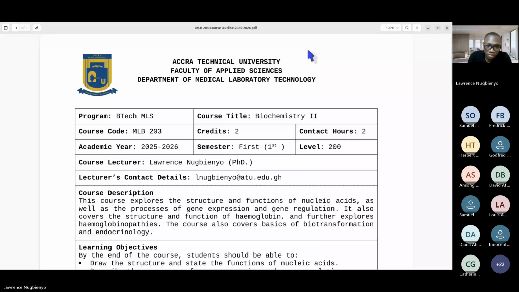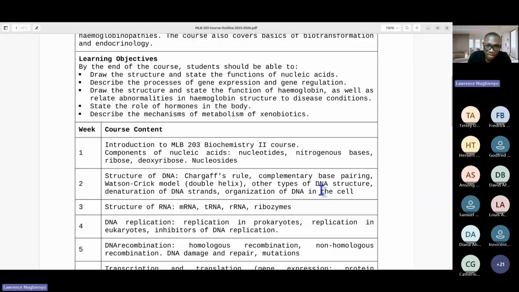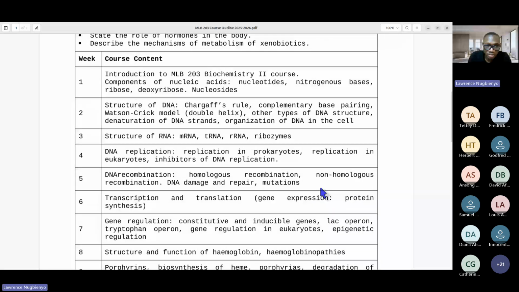So we have a semester covering about 14 weeks. Usually, I try for us to finish our content within 12 weeks so that we can have at least 2 weeks to start preparation towards your examinations.